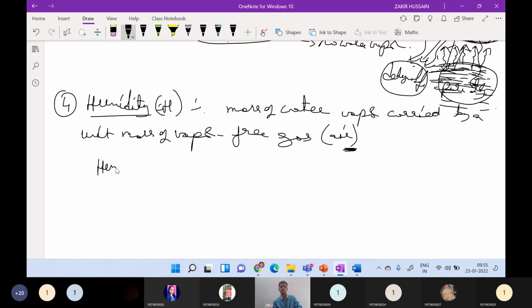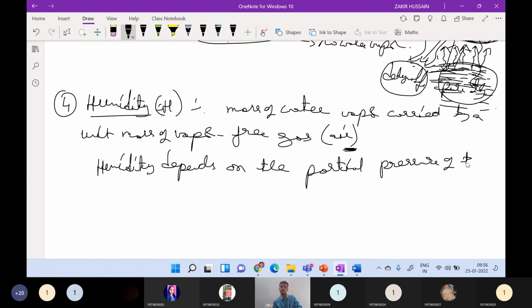This humidity depends on the partial pressure of the vapor. Partial pressure is denoted by small p.